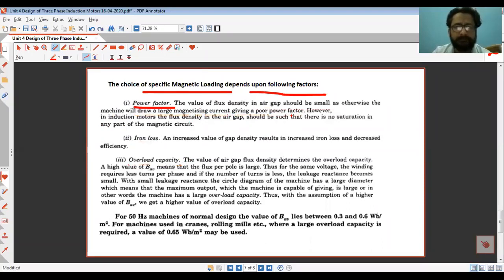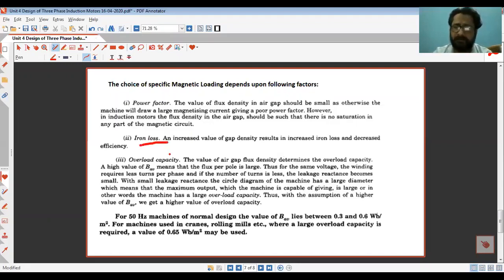However, in induction motors, the flux density in the air gap should be such that there is no saturation in any part of the magnetic circuit. High flux density means high risk of saturation, high losses, and a large amount of magnetizing current will be drawn. All these are the factors which affect the selection of the specific magnetic loading.